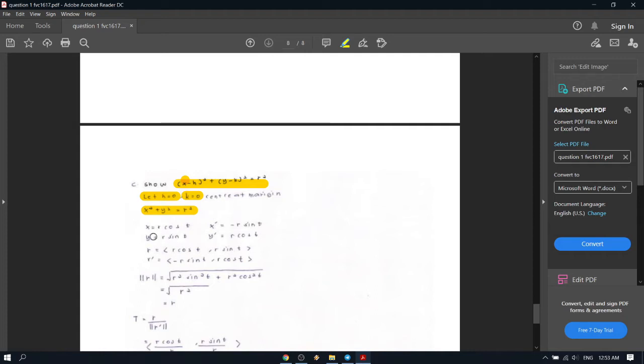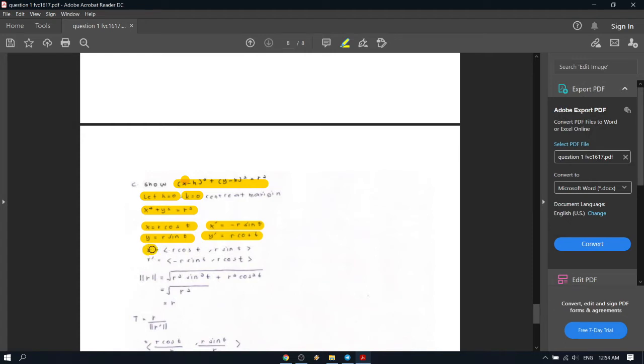Then, since we are handling a circle, we can use polar coordinates here. Then we can let x is equal to r cos t, y is equal to r sin t. Then we differentiate x and we get something like this, and differentiate y, we get something like this, right?